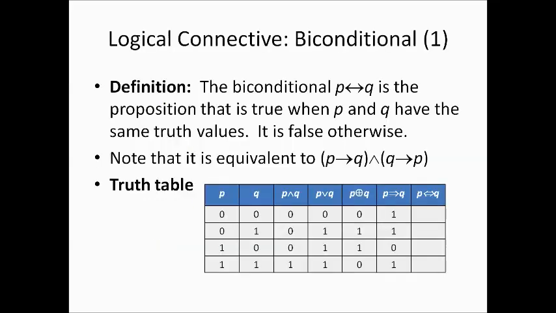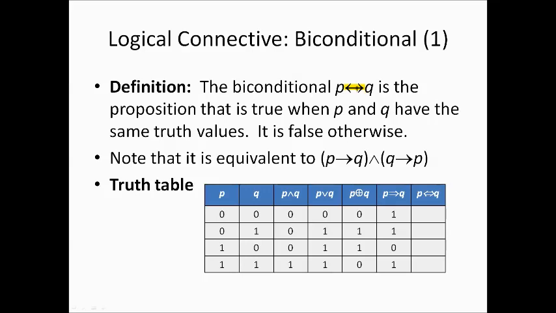Next, this is the last one, class. This is the 6th logical connective, what we call the biconditional. The biconditional is denoted by the bidirectional arrow. Let me use my highlighter, class. This is the bidirectional arrow. It is the proposition that is true when P and Q have the same truth values, and false otherwise.